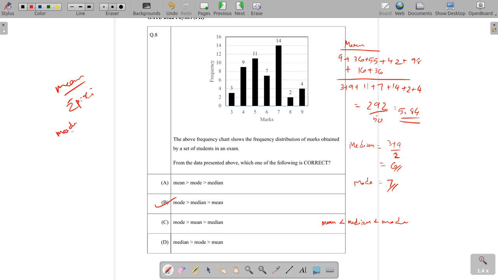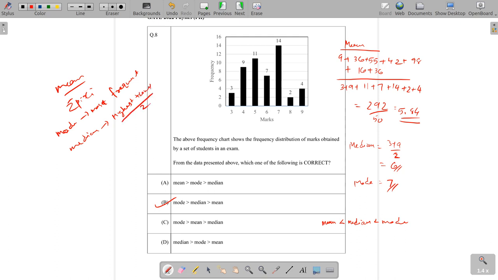Mode means it's most frequent. Which one has the most frequency? That's the mode. And median is just the average between highest and lowest by 2.